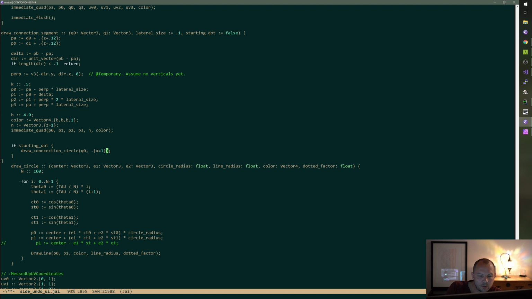X equals 1. Y equals 1. Circle radius is going to be 7/3, which is the witness ratio as far as I remember, times lateral size. Color.